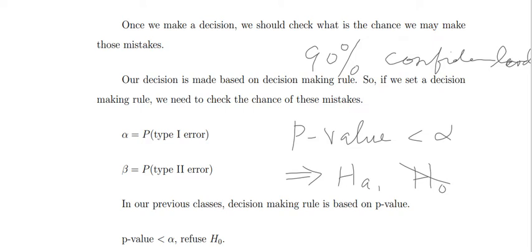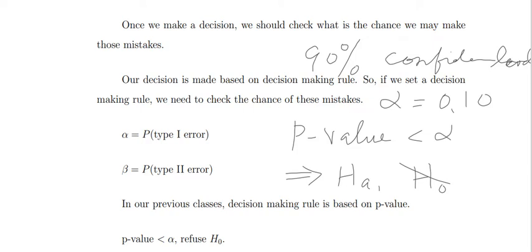So the 90% confidence level is almost equivalent to the significance level. We can understand that the significance level is the probability of making a mistake. If there is a 90% chance my conclusion is true, then there is a 10% chance my conclusion is wrong, right?